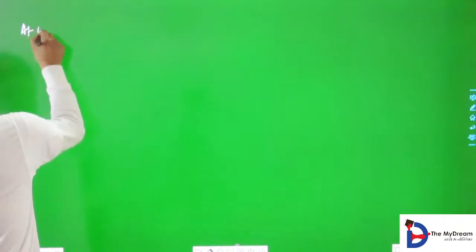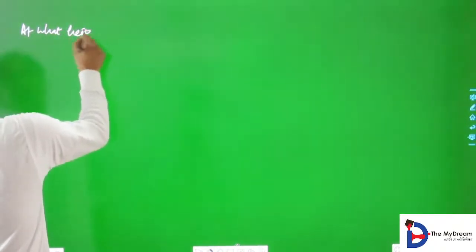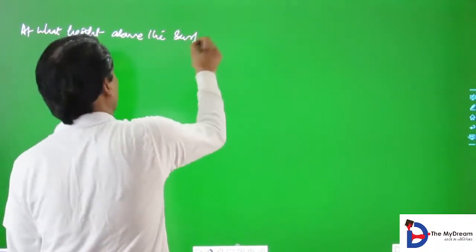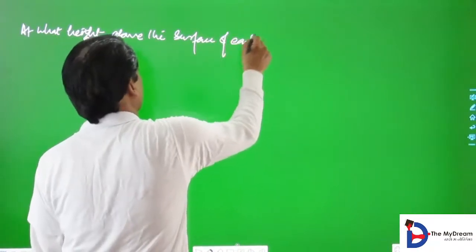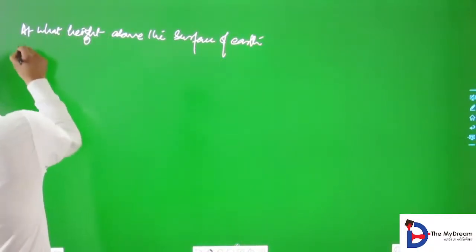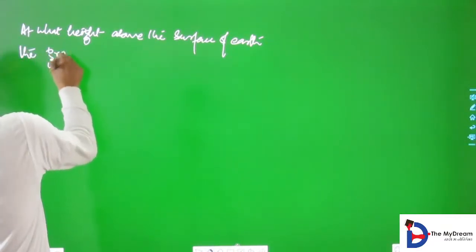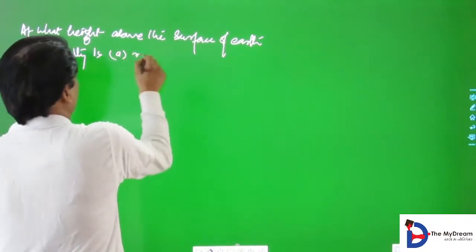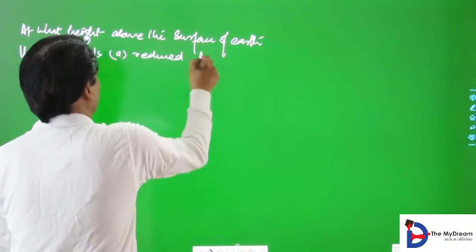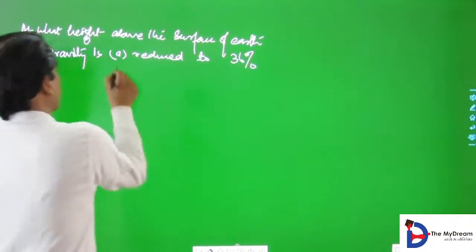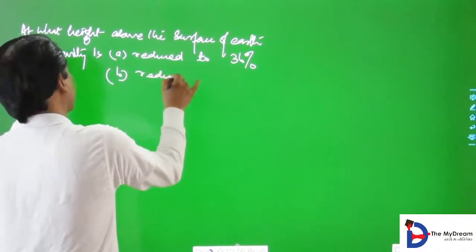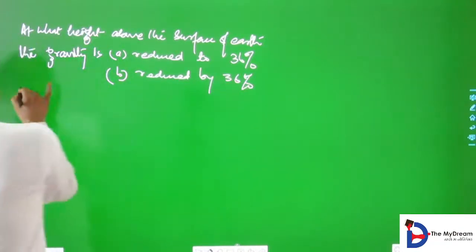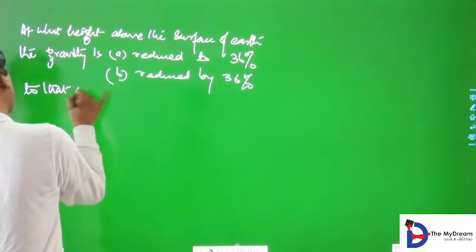At what height above the surface of Earth is the gravity reduced to 36, reduced by 36, to that of the surface?